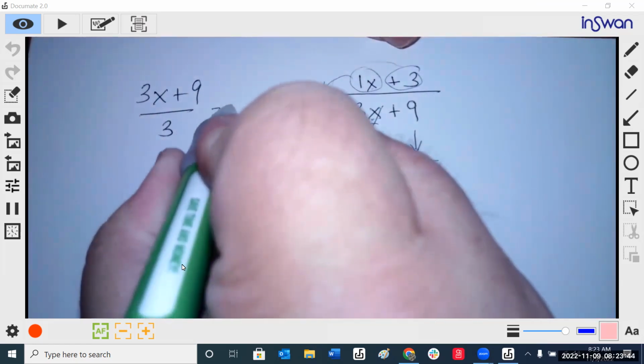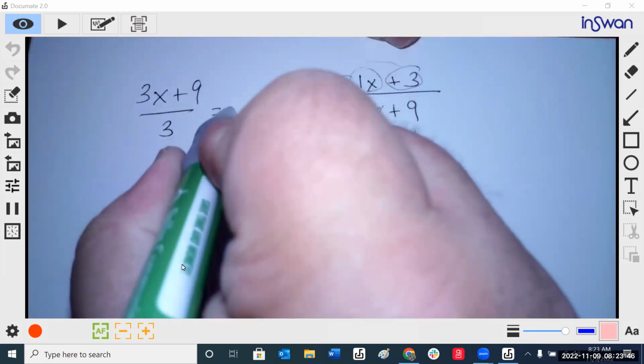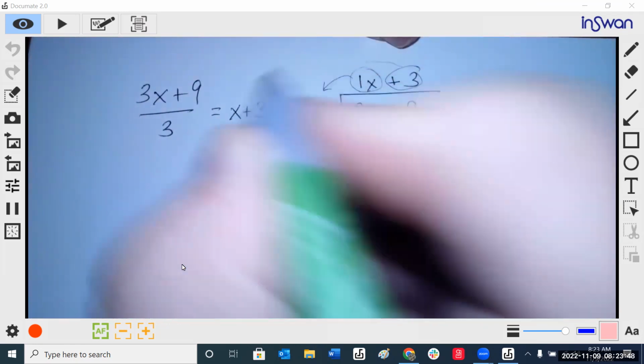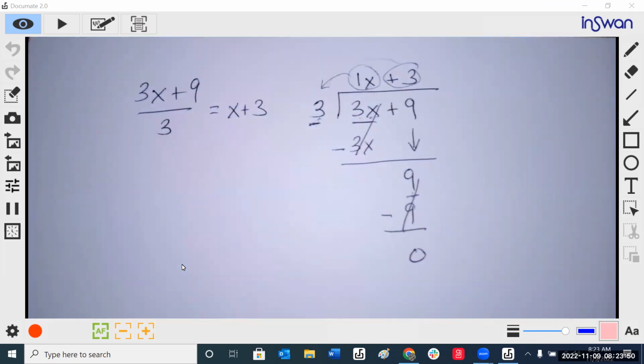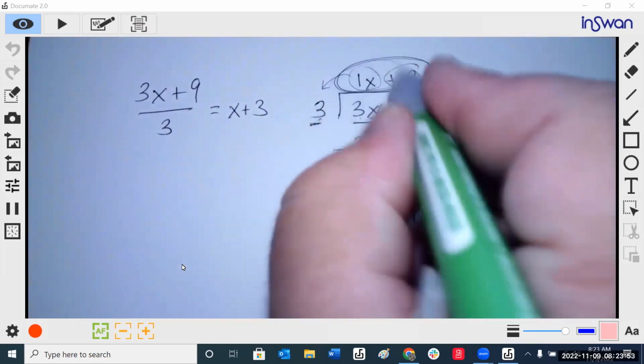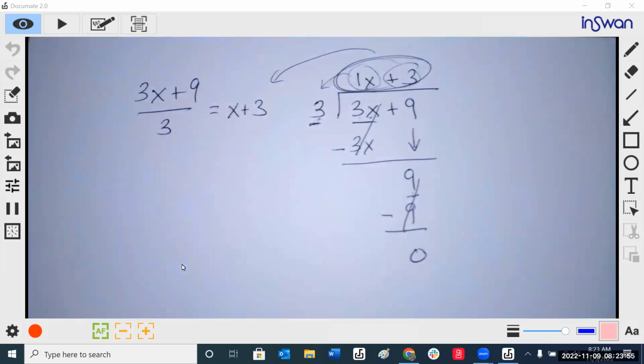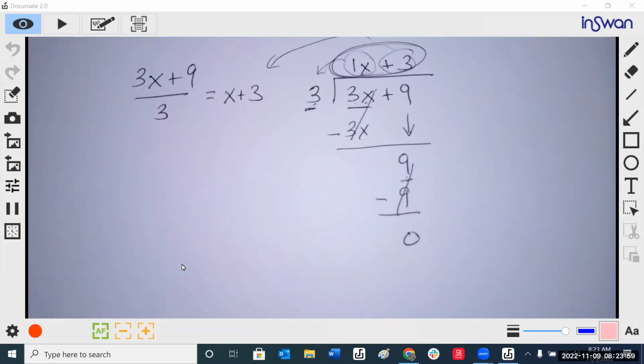So we got our answer is x plus 3. That's what it's telling us. This is your answer. That goes there. So far, so good?